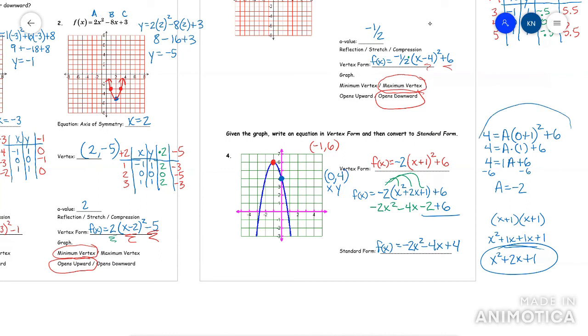This is me solving for the A value there. Just plug in that 0 and 4 for your X and your Y value. Solve for your A. Once you have your A value, now they want you to take it to standard form. So you have to FOIL out the x plus 1 squared part first. And then you'll have to rewrite it because you're going to have to do some distribution and some combining like terms.